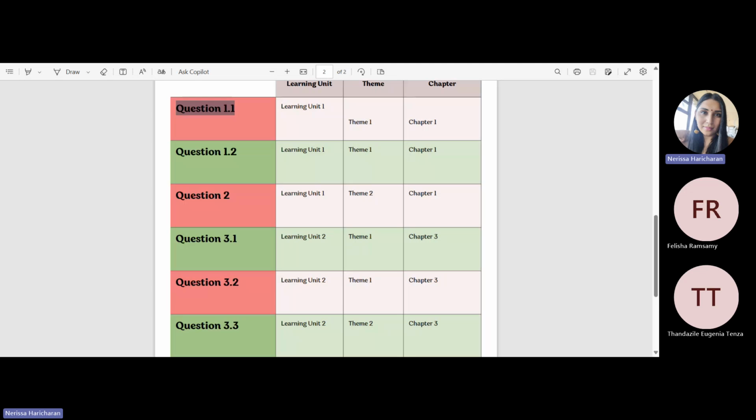The information on the 4 key elements is part of Learning Unit 1, Theme 1, currently sitting in Chapter 1. I didn't go as far as giving you page numbers, because then I'd be doing a lot more work than I'm supposed to, and giving you less work. So it is Learning Unit 1, Theme 1, Chapter 1, and you're looking at the 4 different elements.